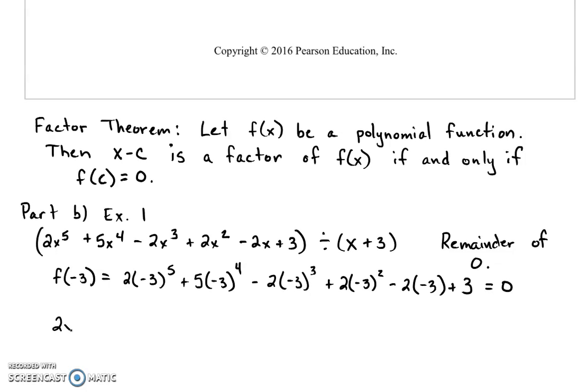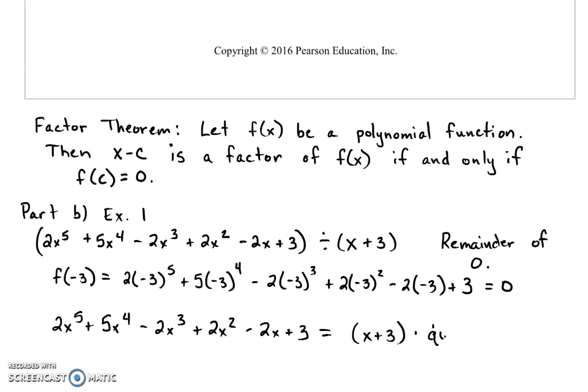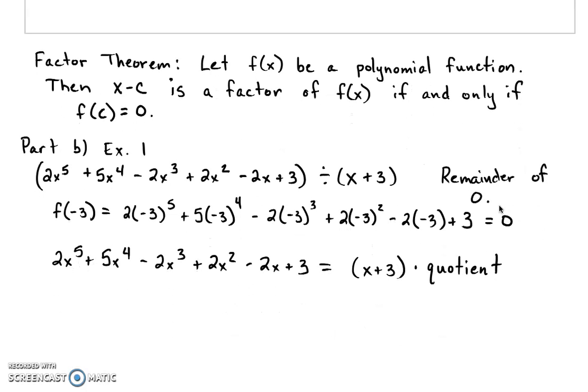So we can rewrite this whole mess as x plus 3 times whatever our quotient ends up being, with no remainder. Again, this is important because it's going to help us figure out our x-intercepts when we have functions that are not easily factorable, like a quadratic is easily factorable.